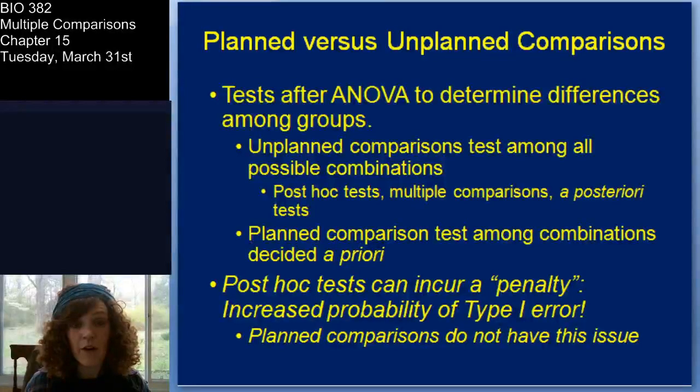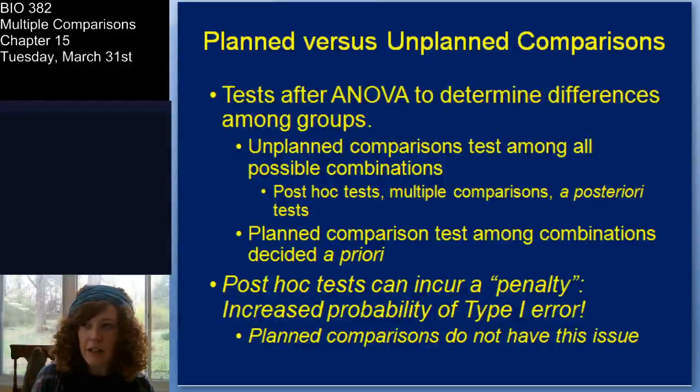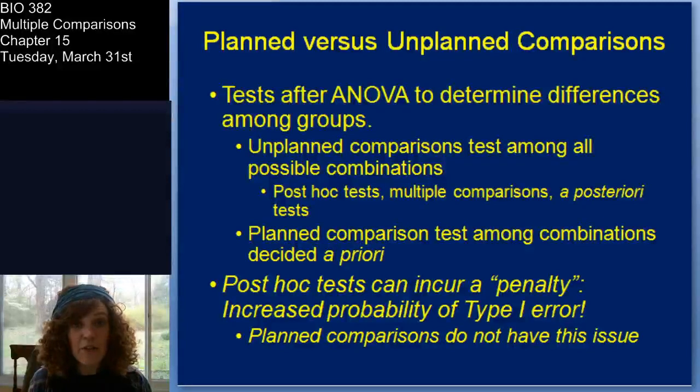When you are designing your experiment, you say, okay, if my ANOVA is significant, I'm really only interested in comparing these two groups and then this group with this group over here. Other comparisons I'm not really interested in. Those are planned comparisons. They're powerful, and it's a good idea to do them, but there are certain rules that go along with that, and I'm going to teach you that in just a second. So that's one kind of testing, planned comparisons.